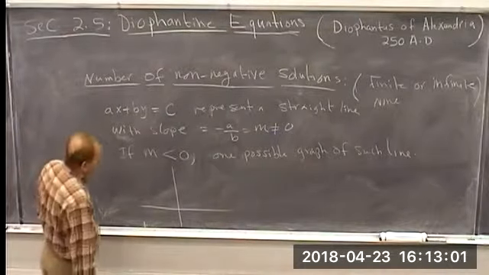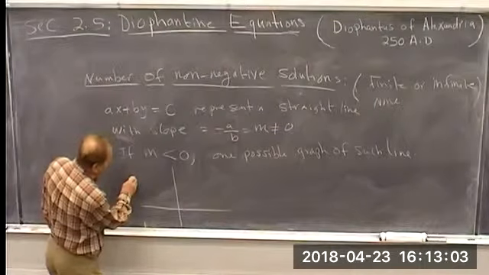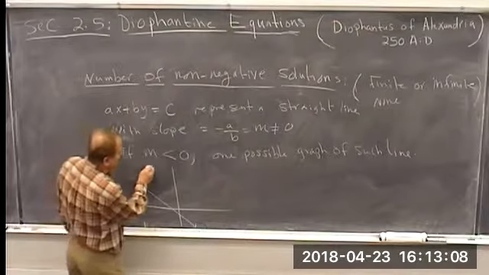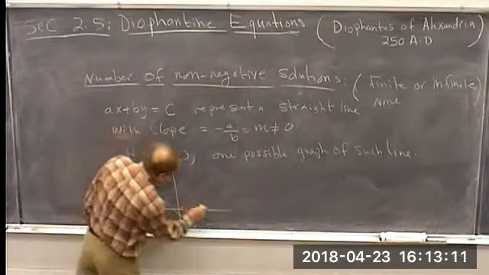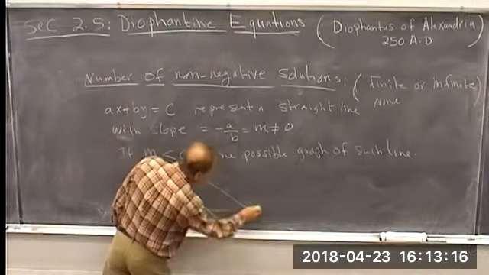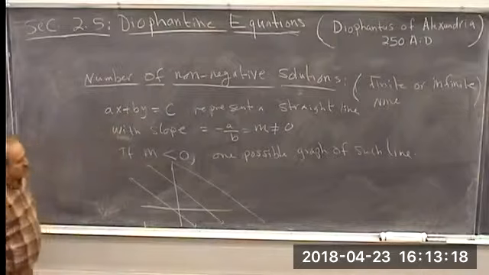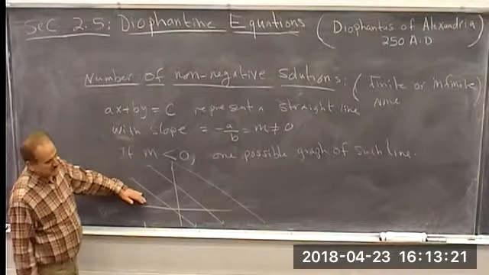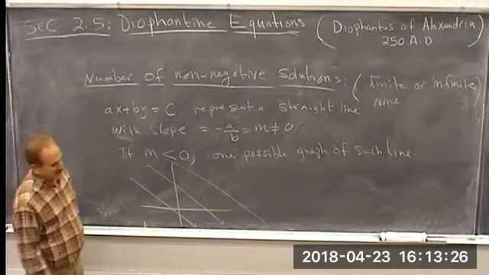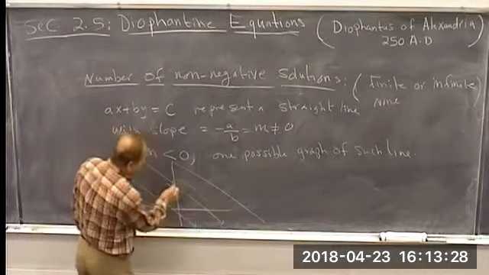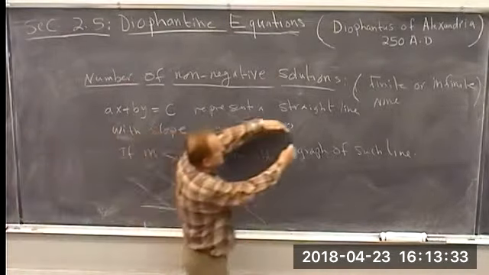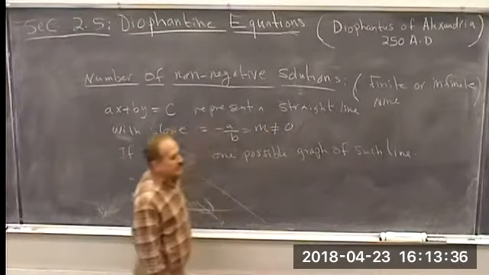And it could be going this way, so we don't have any, or it could be going this way, or it could be going much farther up. And as you can see, we either have none, or only finitely many, because even if this line goes very, very far, it's still a finite number.